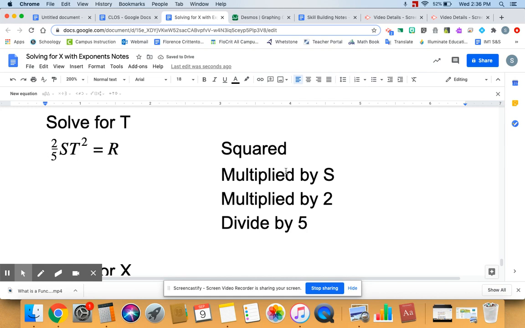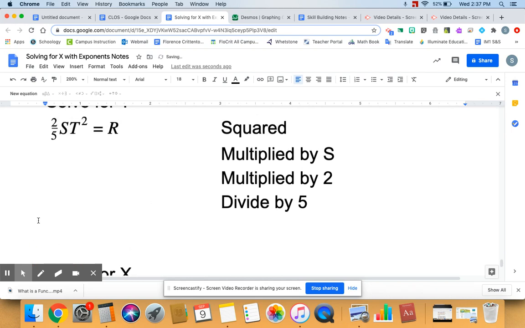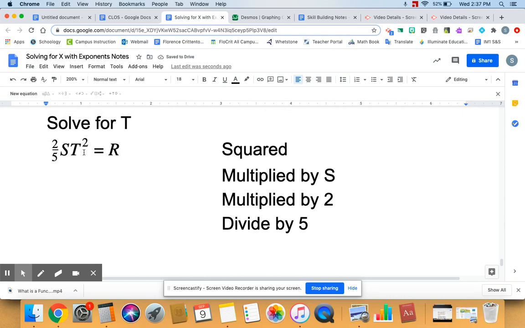And then if I knew what the numbers were, like if I knew what t was and s, then I would have a number answer. But I don't know all of the numbers, and these are a bunch of letters. However, the math works in the exact same way. You're just going to do backwards of the order of operations that happen to that t and isolate it until you get t alone. So to do that, the weakest thing was dividing by the 5.